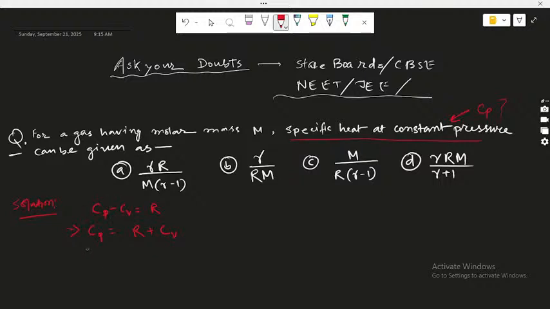Now we have a formula, Cp by Cv is equal to gamma. So you can write Cp is equal to, in place of Cv, we can write Cp by gamma, obviously. So you write R plus Cp by gamma.